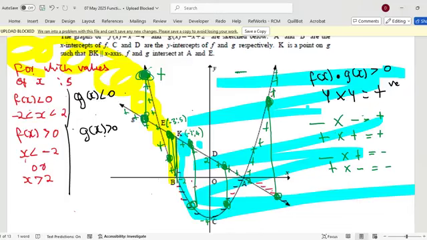So, starting from this point, what is the x value at that point? Negative 2. To where? To all the numbers that are bigger than negative 2. So all the values of x which are greater than negative 2, when I multiply f of x and g of x, I get a negative number.